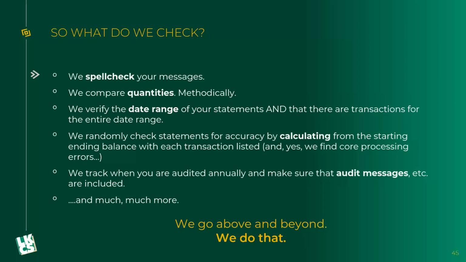And the approval process, as far as you being able to review statements online, is we post those documents in our e-statement portal. Your staff that has that approval authority will receive an email from us when those statements or notices or tax forms, whatever they are, are available online. They'll be able to log in and view them, all of them, not just for the members that have e-statements.